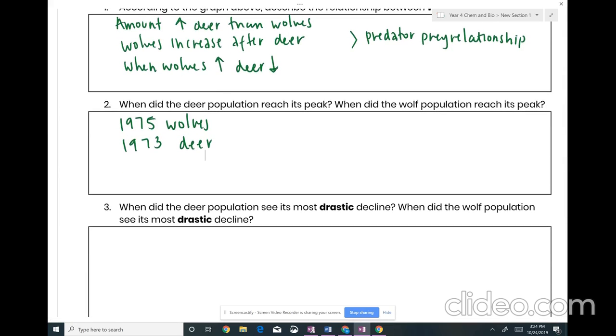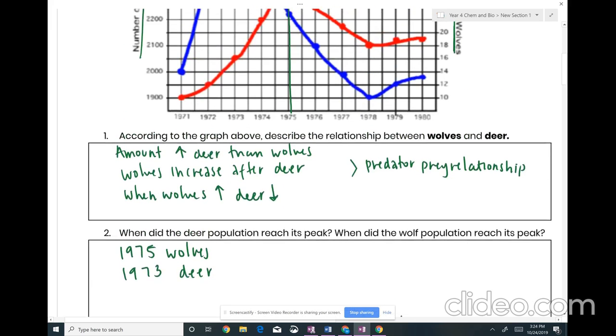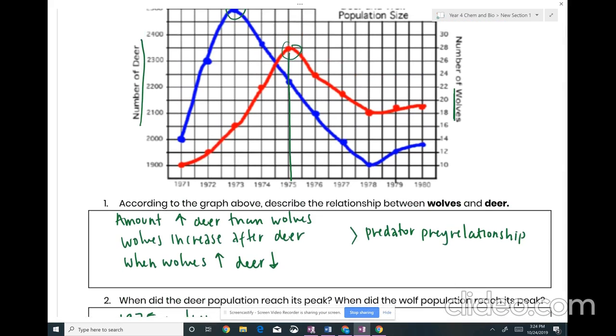Right. It's asking us, when did the deer population see its most drastic decline, which means the greatest decline. So drastic means greatest. And when did the wolf population see its greatest decline? So we're going to be looking at these years that are all in here, right? So that is when we saw our greatest decline, like it was just going straight down, right?